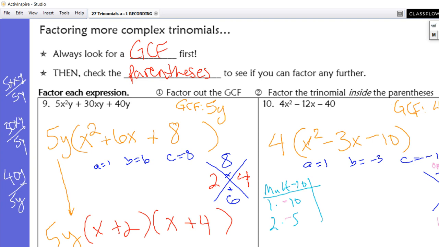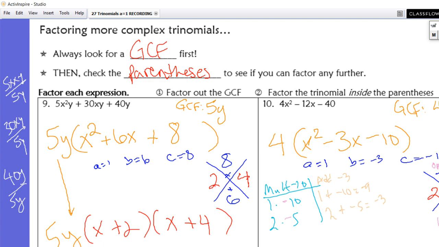Now I'm going to think add to negative 3. 1 plus negative 10, that's negative 9, that's not the one I need. And 2 plus negative 5, that's negative 3, that's the one that I need. So I need to have 2 times negative 5.